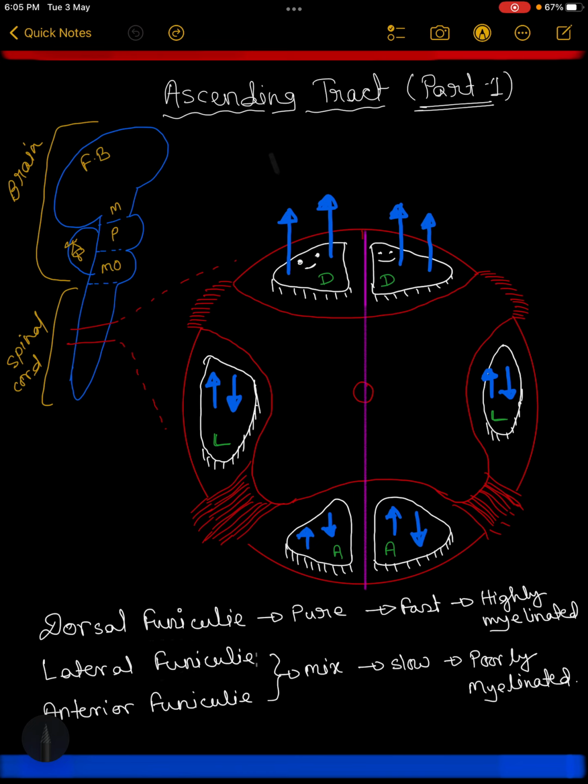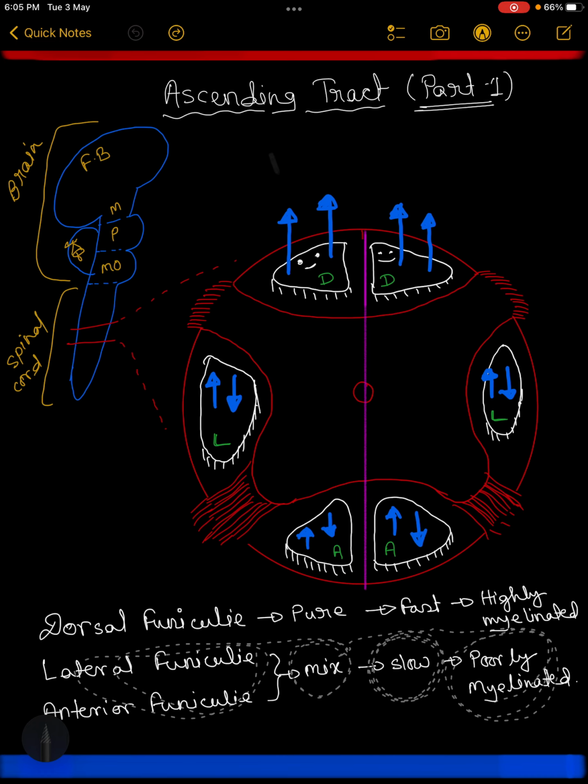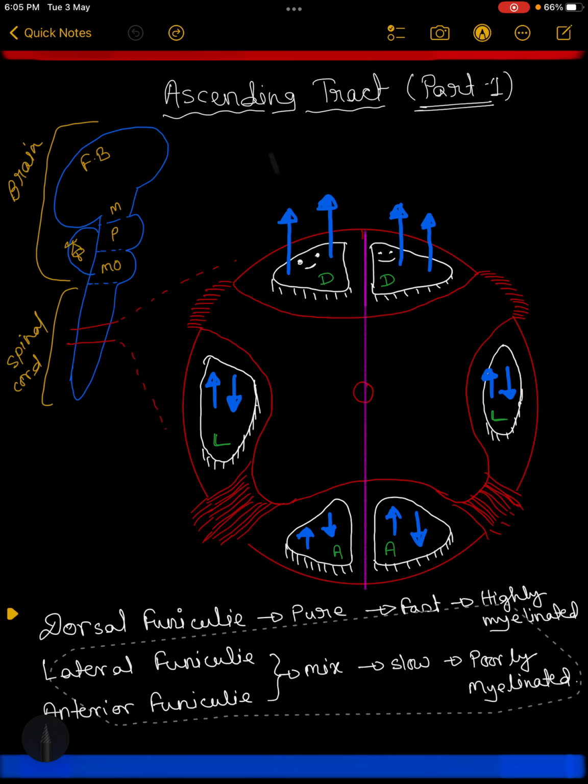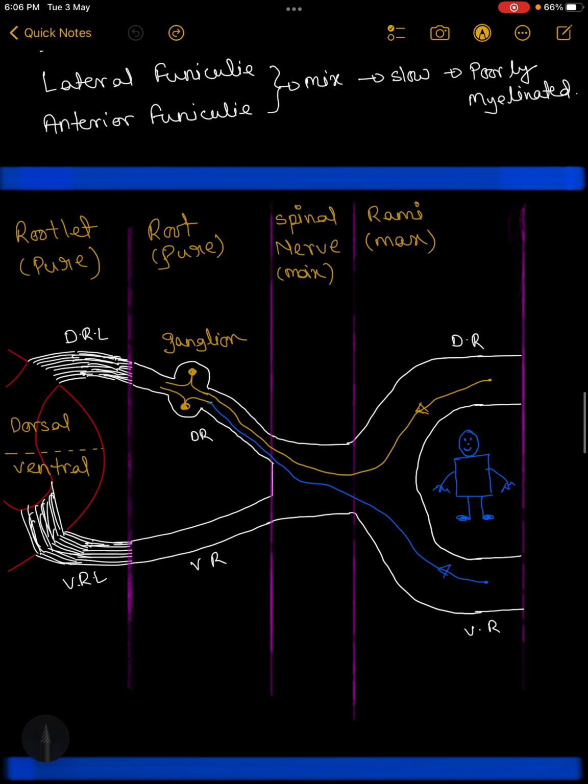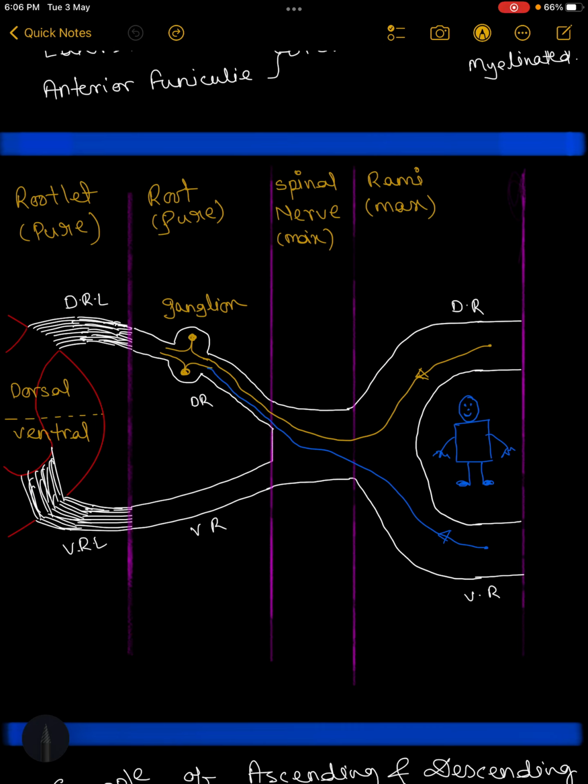Anterior and lateral funiculi are mixed because they have both ascending and descending tracts, but they transmit the signal very slowly because they are poorly myelinated. Hope it is clear.